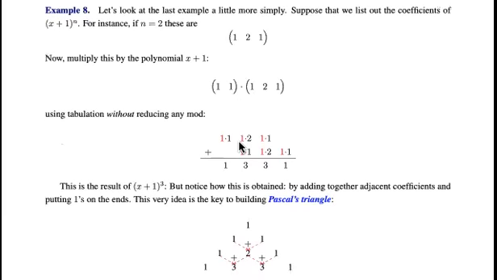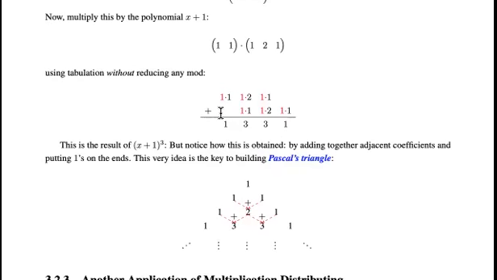Okay, so here's another idea. Notice in the last example, we were multiplying by x plus 1. We can label that as 1 plus x. We could do 1, 1 here. Think of this as tabular multiplication. Now, when we multiply, with this shifting mechanism going this way, let's not truncate it. Let's just keep it going, and we add down. Notice it's like we have 1, 3, 3, 1.